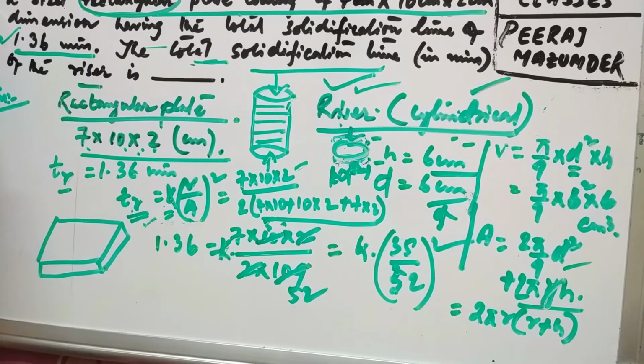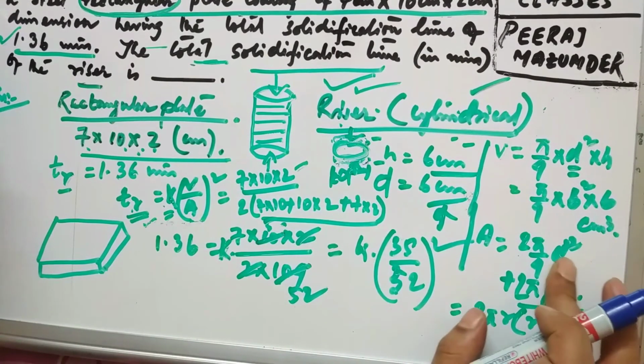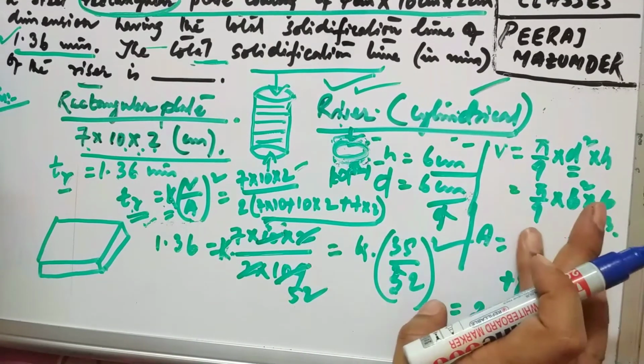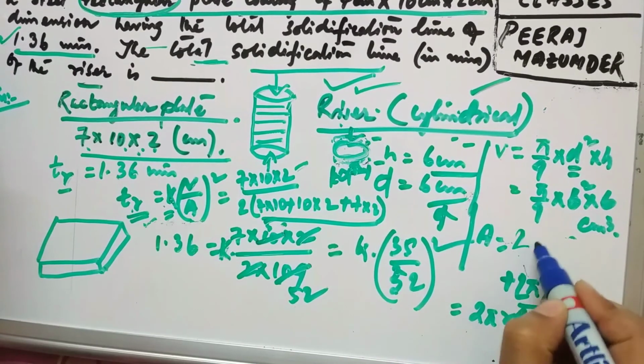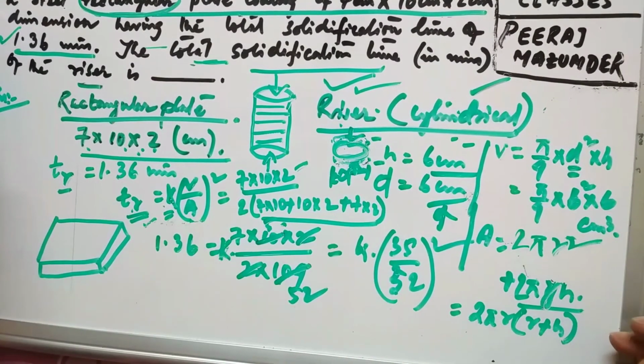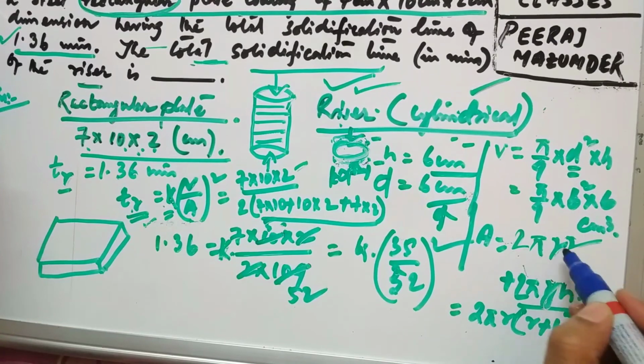Okay, now this one you also have to consider the 2. It will be 2 pi r square if we convert the surface area in terms of radius.